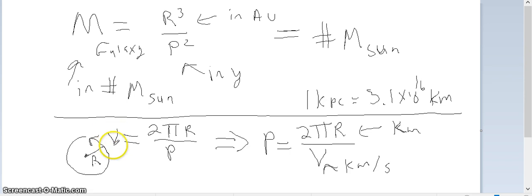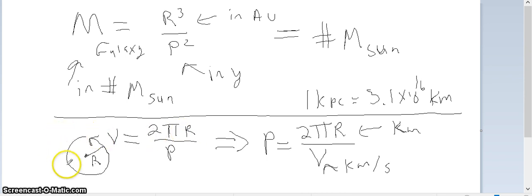They give us the velocities in kilometers per second, and they give us the distance r in kiloparsecs, but we need to change that to kilometers, and you'll see why in just a second. This is the general equation for anything that's moving in a circle or really close to a circle. The velocity is equal to 2 pi times the radius.